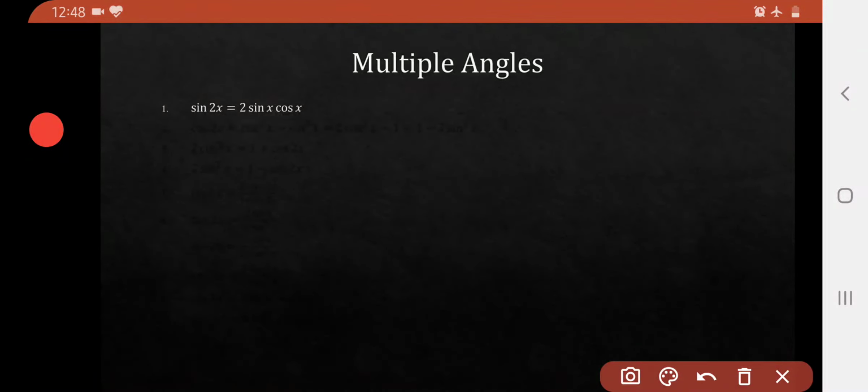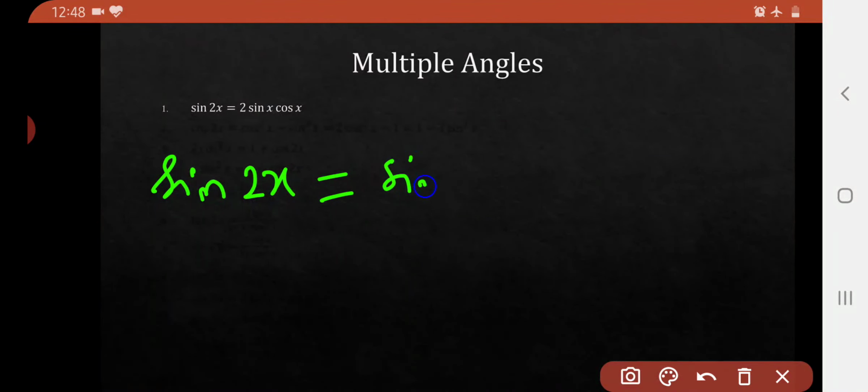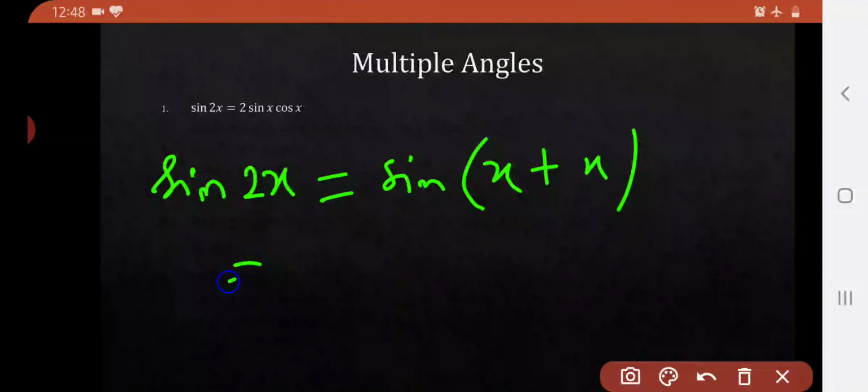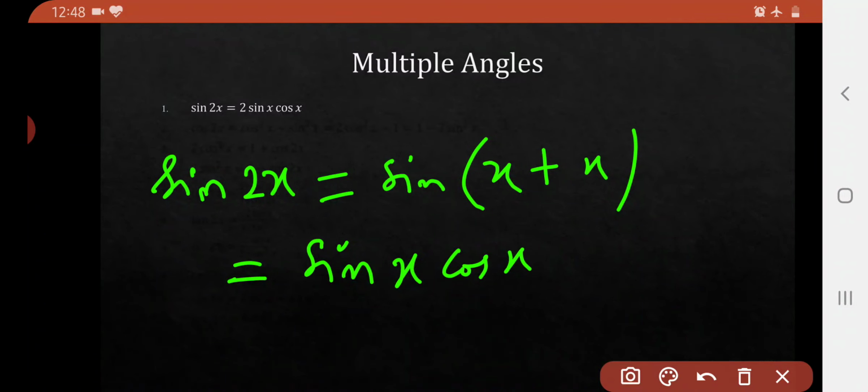So if I have sine 2x, I can write this as sine of x plus x, right? Now if I apply the compound angle formula, sine of a plus b is sine a cos b plus cos a sine b. So in both the cases a and b are equal, so sine x cos x plus cos x sine x.